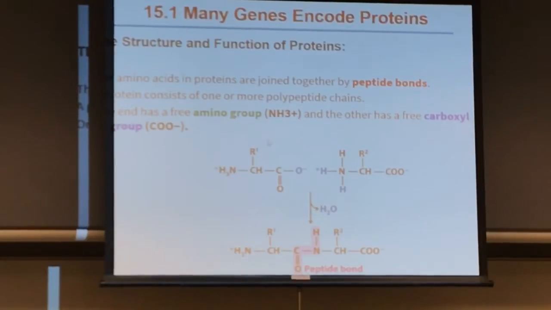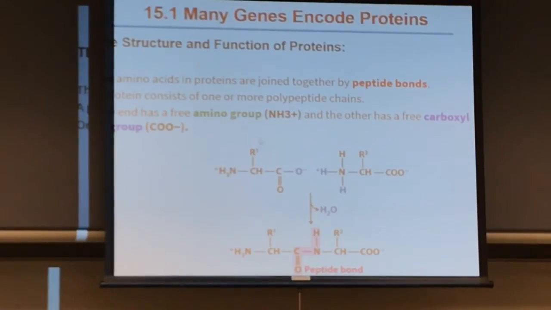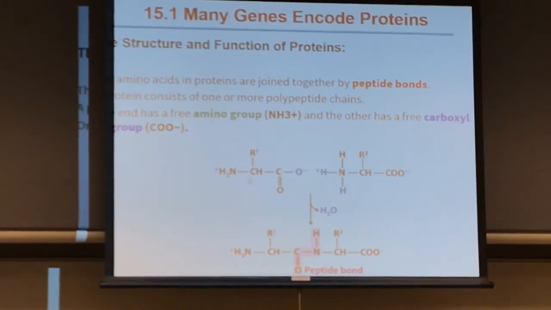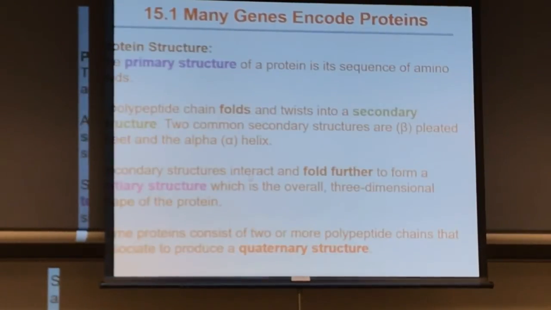That's why they say amino acids can act as acids and bases at the same time. Here if you see, this is the carboxylic group of an amino acid, this is the amine group of an amino acid. When a peptide bond is formed, usually a water molecule is removed, and then a peptide bond is formed that links two amino acids together. Peptide bonds link amino acids together.